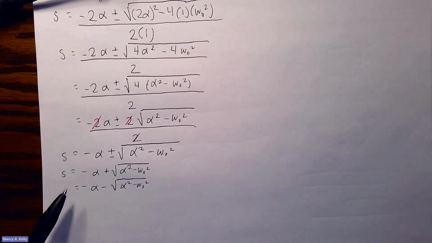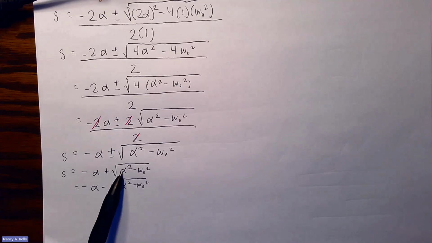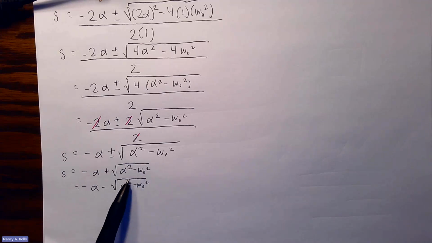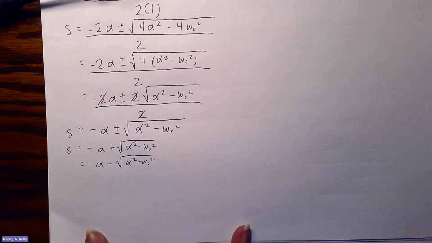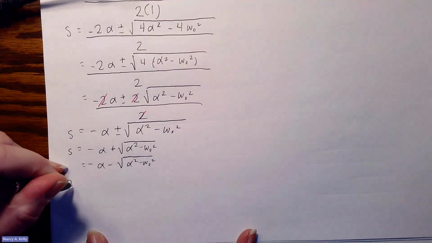So what they're going to be, though, is going to depend on what we get under this radical sign. Okay, so we need to consider the possible values that we're going to wind up with. So we're going to define the term that's known as the damping ratio.